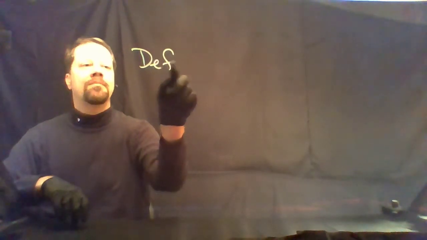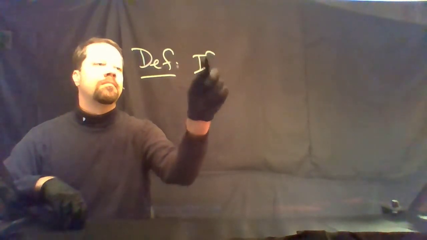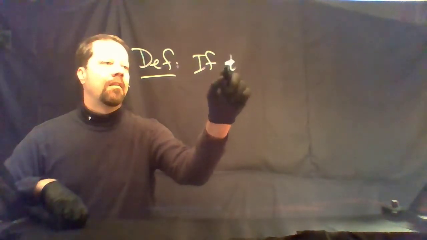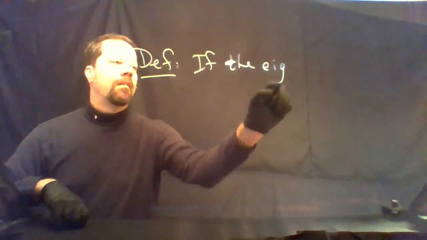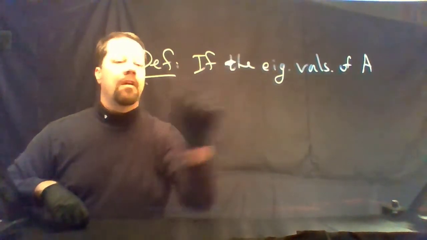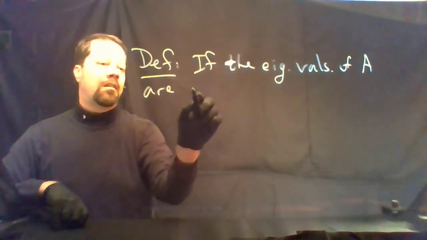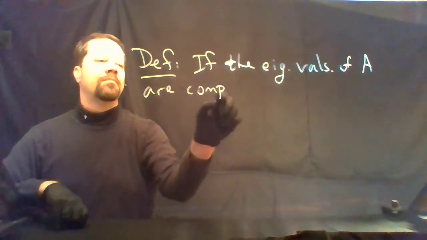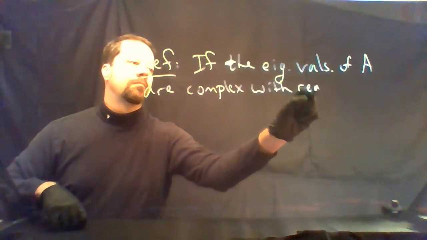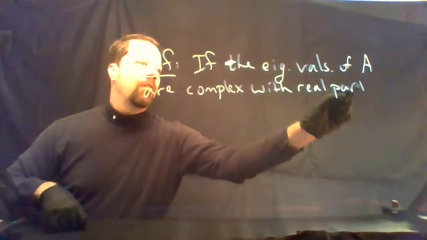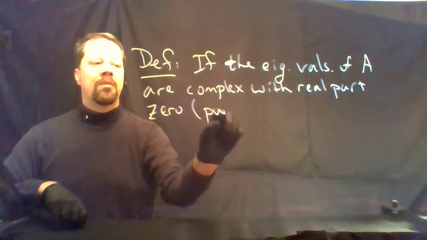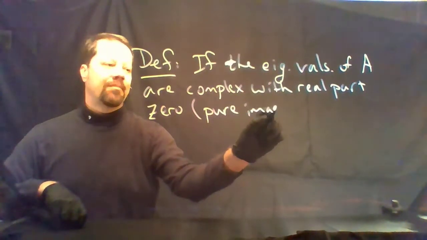So, if the eigenvalues of A are complex, with real part zero, we call these pure imaginary.